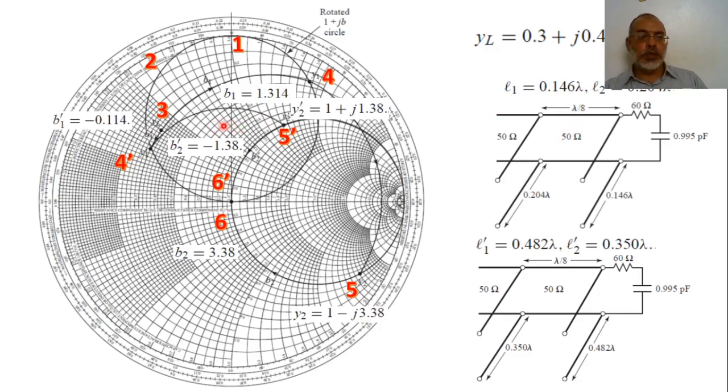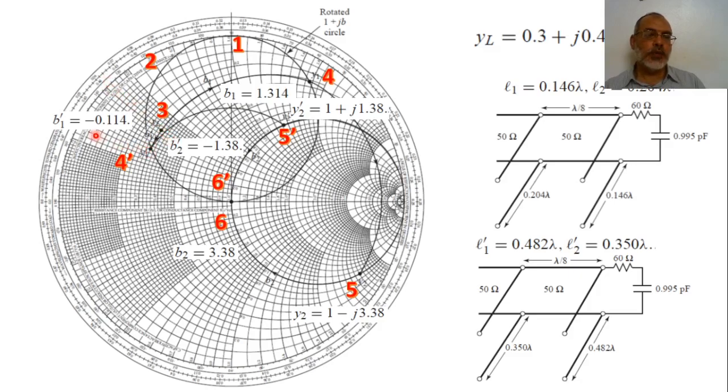The second solution: instead of going from y load to y1, we can go from y load to y1 dash. y1 dash means that we have subtracted b1 dash, which is equal to minus 0.114. Here the load admittance was 0.4.